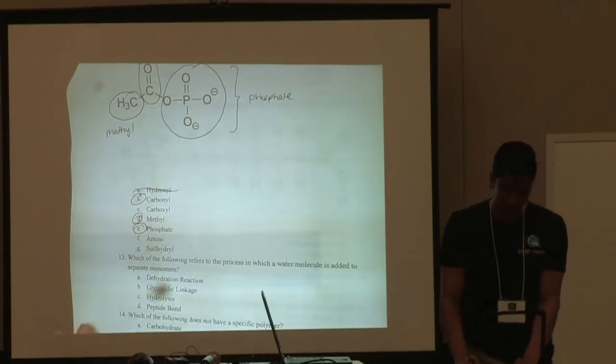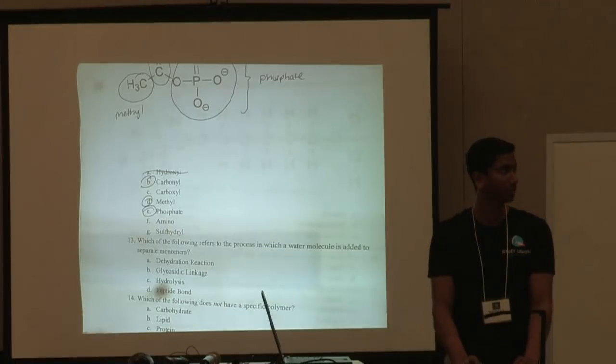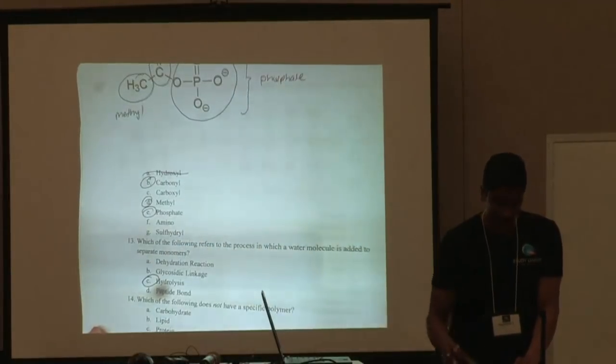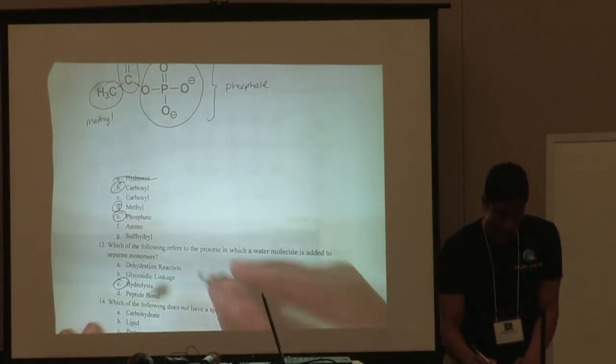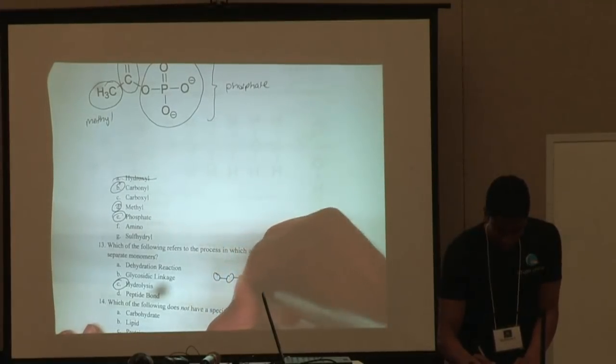Which of the following refers to the process in which a water molecule is added to separate monomers? C, good. Hydrolysis. So remember, when you're having a hydrolysis reaction, you are doing something like this.